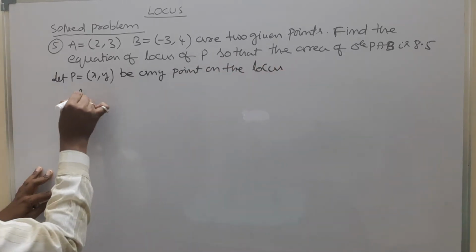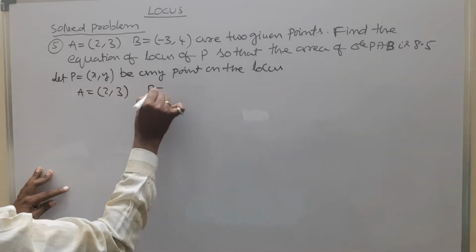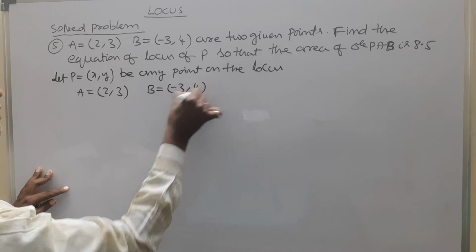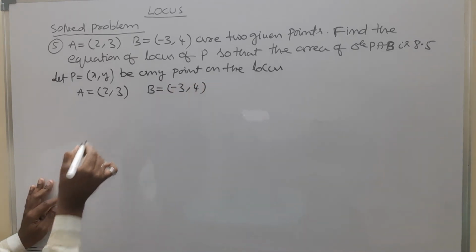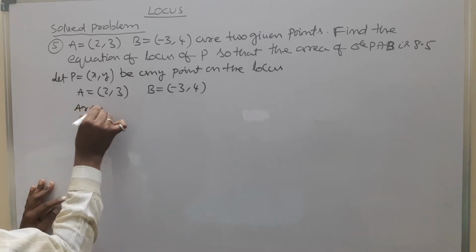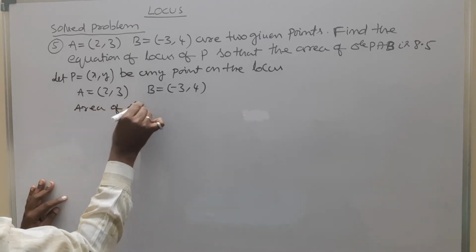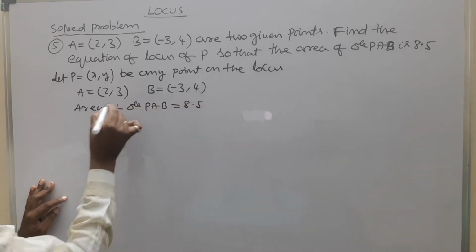A equal to (2, 3) is the given point, B equal to (-3, 4) is the given point. Here the area of triangle PAB is 8.5, the given condition. Area of triangle PAB equal to 8.5.